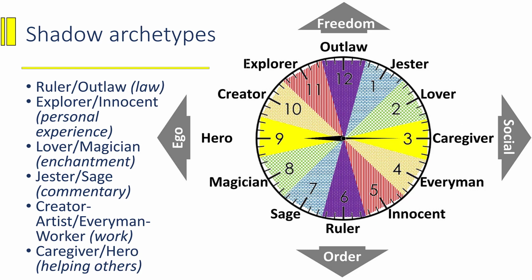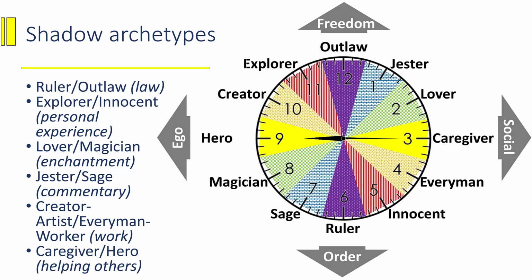Shadow archetypes. The archetypal circle also reveals the shadow archetypes. These appear opposite each other on the circle. They're focused on the same issue, but they have an opposite orientation. Opposite the ruler is the outlaw. Both are focused on law, but they differ along the freedom-order axis.